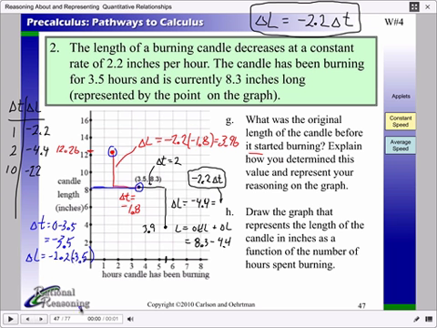So that gives us an increase of what? 7.7. So it was 8.3. And if we go back in time, 3.5, it's going to go up 7.7. So what's the new L? It's going to be the 8.3 plus the change in L, which is 7.7.